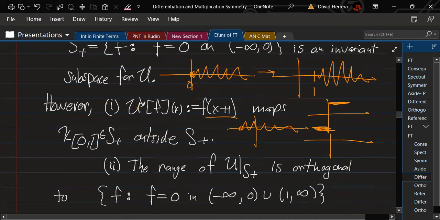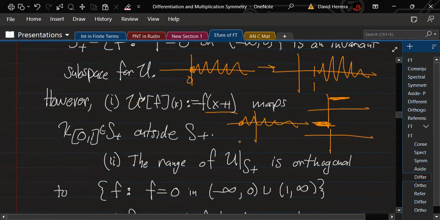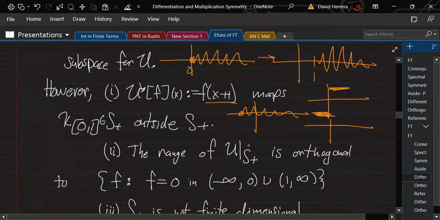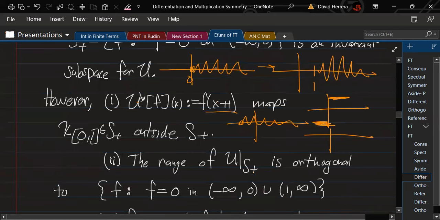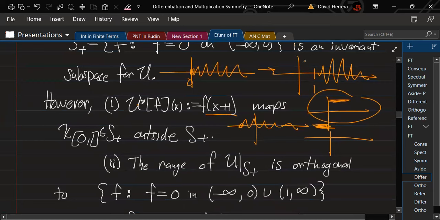So that's how 1 was violated. Condition 2 being violated is that 2 says that the range is full in there, that it has range equal to Vn, the subspace. You restrict it to S plus. I just showed here that if I take any function over here and I shift it over, it's no longer having anything here. So a function like this is not in the range of my shifting function to the right when I'm restricting to the subspace.